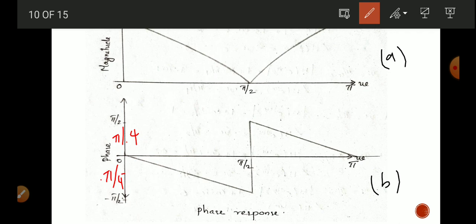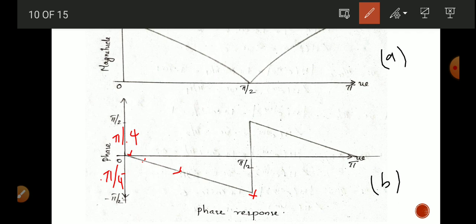At omega equal to 0, we have the angle as 0. At omega equal to pi by 6, we have the value as minus pi by 6. At omega equal to pi by 4, we have the angle as 0.707. At omega equal to pi by 2, we have the value as minus pi by 2.